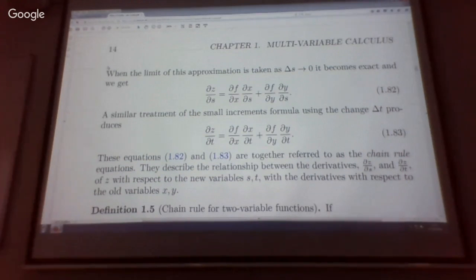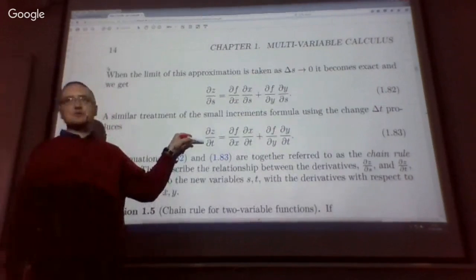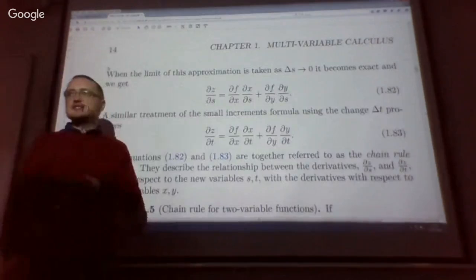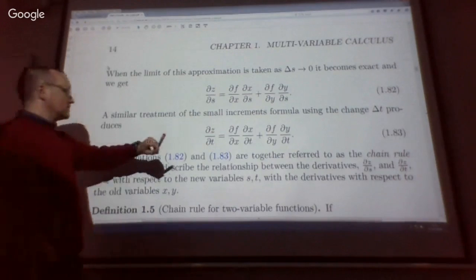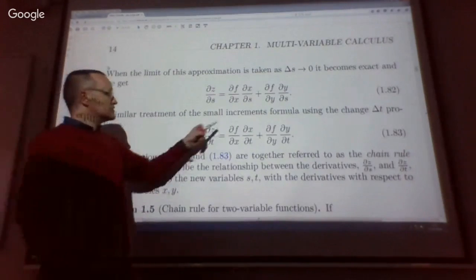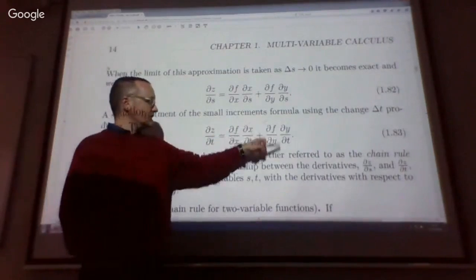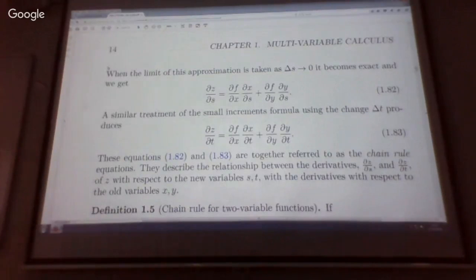All these ratios of changes in the limit become the appropriate partial derivative. And we end up with this equation here, which exactly mirrors the structure of the s one. And this is the second chain rule equation for this situation of two variables. This tells us what the partial derivative of z with respect to t is in terms of the known old partial derivatives of z, df dx, df dy, and the partial derivatives of the relationship between the old and the new variable.